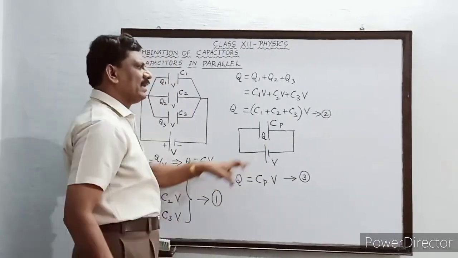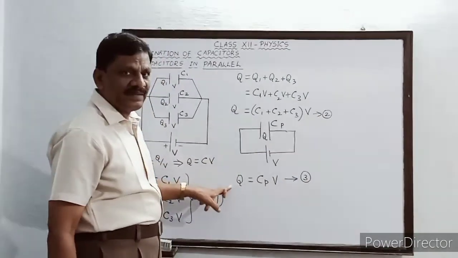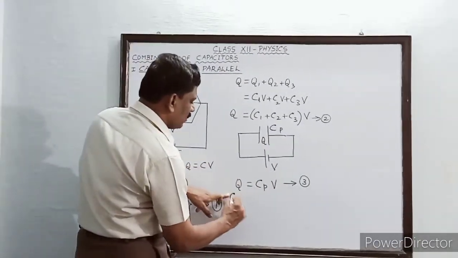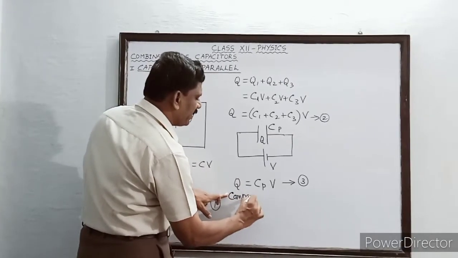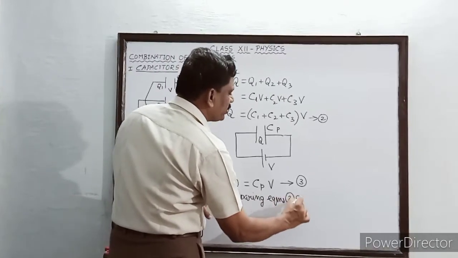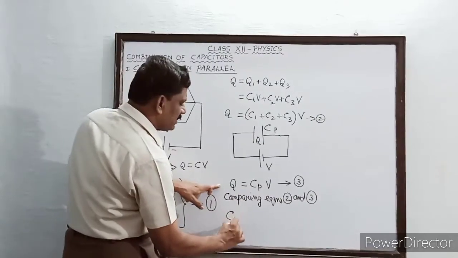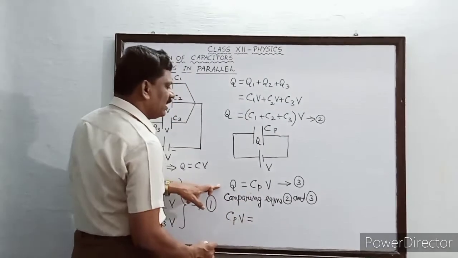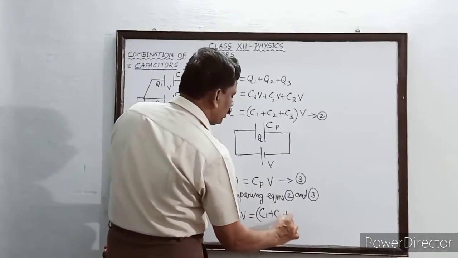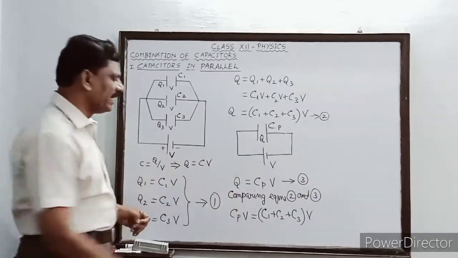So I am going to compare equations 2 and 3. The left hand sides are the same, so the right hand sides also must be the same. Comparing equations 2 and 3, on the left side I write Cp into V, and on the right side C1 plus C2 plus C3, into V. The common factor V can be cancelled on both sides.